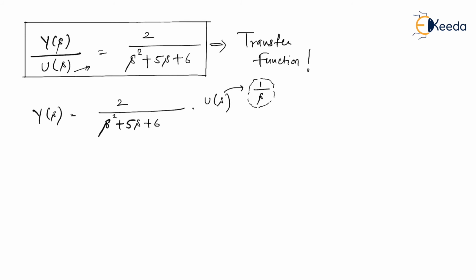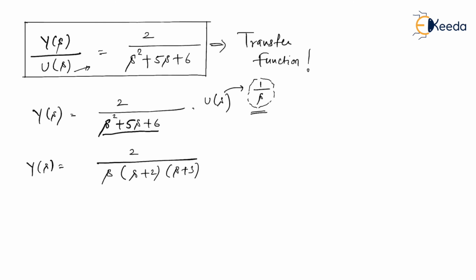That is nothing but Laplace transform of u of t. So I can write my y of s as 2 upon s because of this 1 by s, and s square plus 5s plus 6, I can write this as s plus 2 into s plus 3. Am I right?